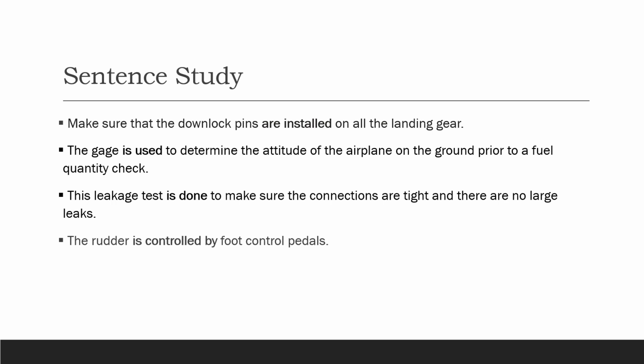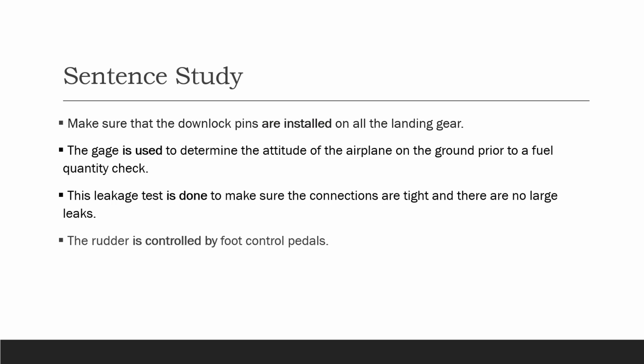Yakıt miktarı kontrolünden önce uçağın yerdeki durumunu, pozisyonunu belirlemek için to determine. The gauge is used ile bitiriyorum. Ölçü aleti kullanılır ya da ölçüm yapılır diye de düşünebiliriz bunu. Passive yine simple present is used.